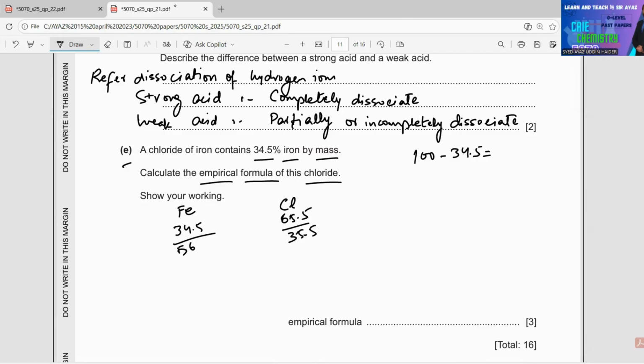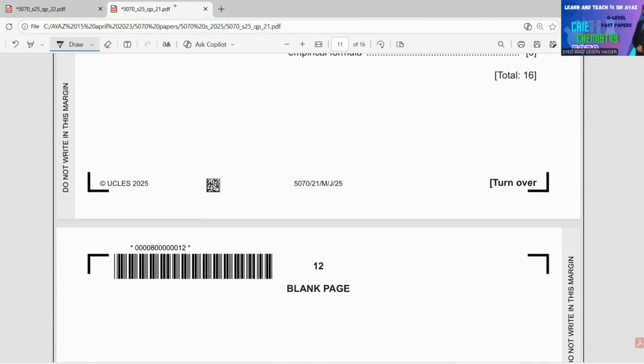So for iron, we will get 0.616. For chlorine, we will get 1.845. The next step, I'm going to divide the answers obtained by the least value, which is 0.616. So in the end, we will be getting 2.99 for chlorine, 1 for iron, which means the final formula will be FeCl3.